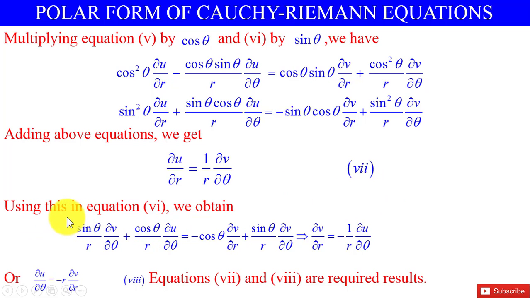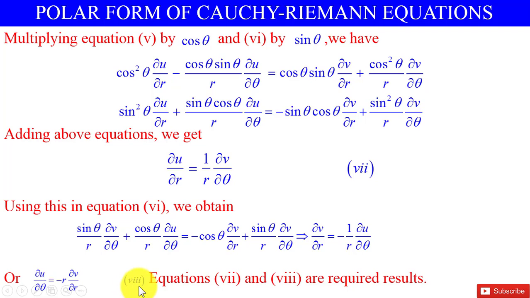Using this equation in equation number 6, we obtain (sin θ/r) ∂v/∂θ + (cos θ/r) ∂u/∂θ = −cos θ ∂v/∂r + (sin θ/r) ∂v/∂θ. This implies ∂v/∂r = −(1/r) ∂u/∂θ, or ∂u/∂θ = −r ∂v/∂r.